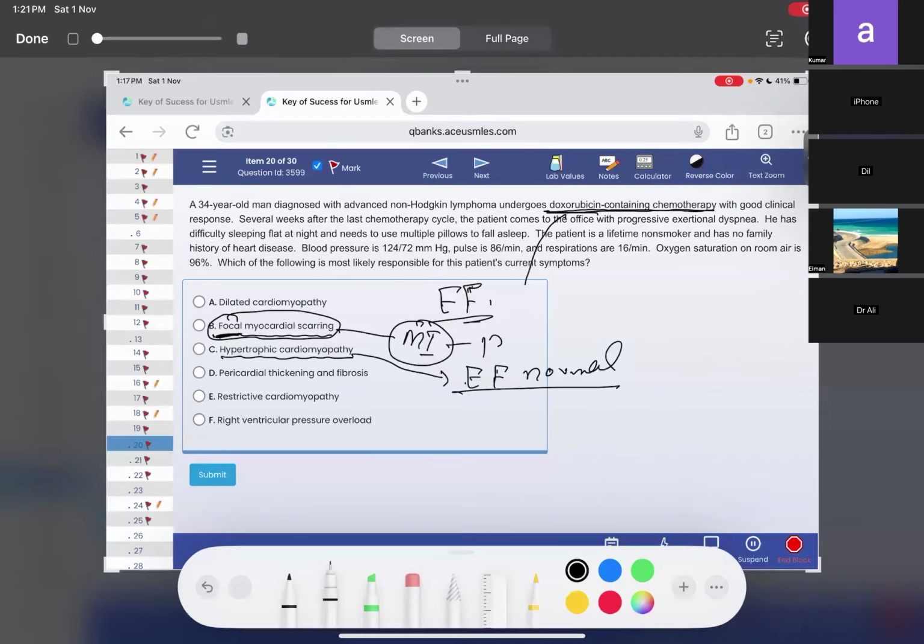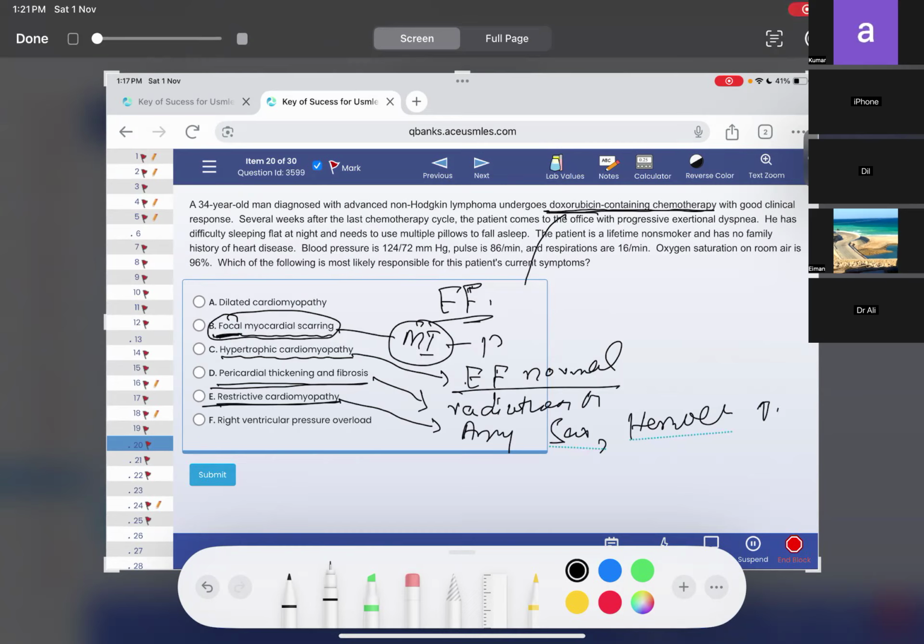And pericardial thickening and fibrosis usually occur in which condition? Any type of radiation therapy. And restrictive cardiomyopathy usually occurs in amyloidosis, sarcoidosis, or hemochromatosis, and many more conditions, like radiation as well. Right ventricular pressure overload usually occurs in which condition?